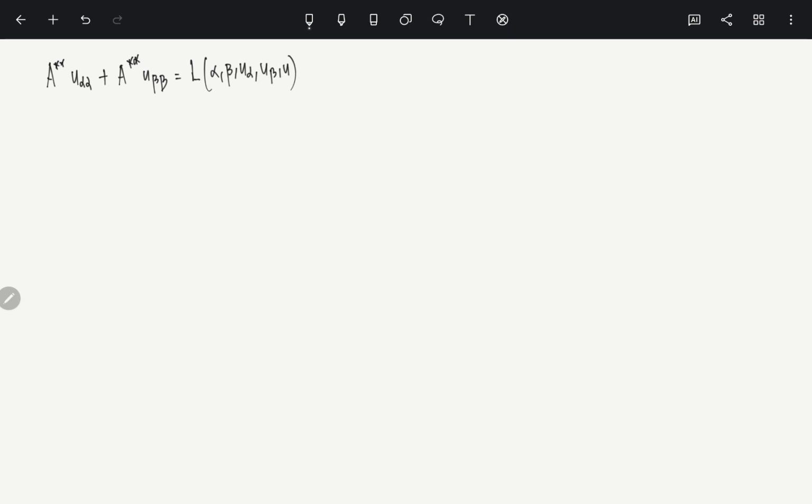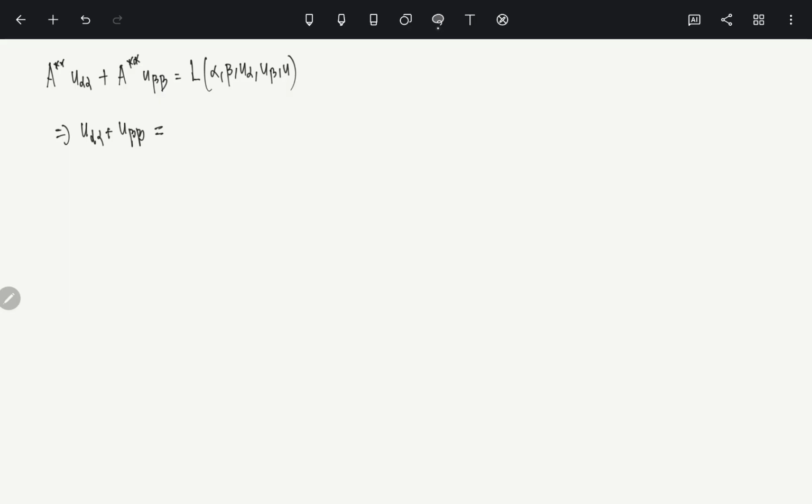Clear? Okay. Now of course you can divide this whole thing by a double star. So that will give you u alpha alpha plus u beta beta equals, dividing out, L divided by a star. So again that will be another lower order term containing all these things.